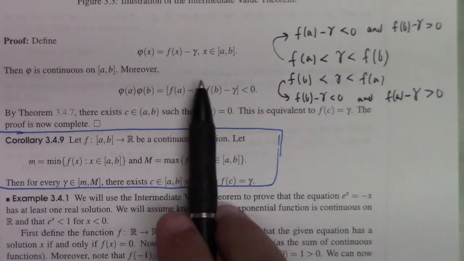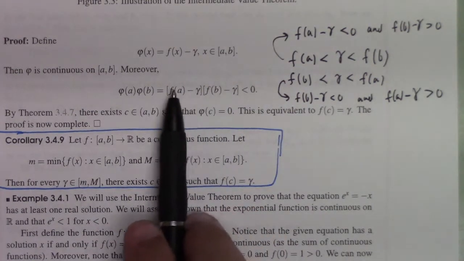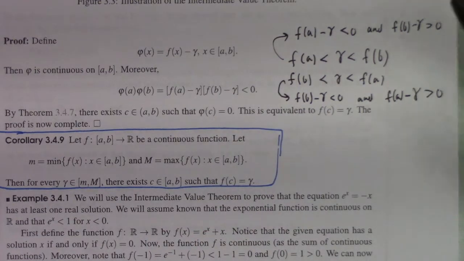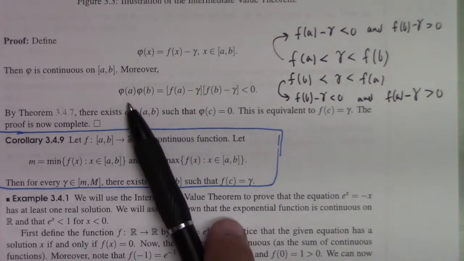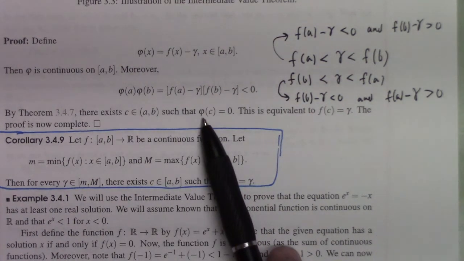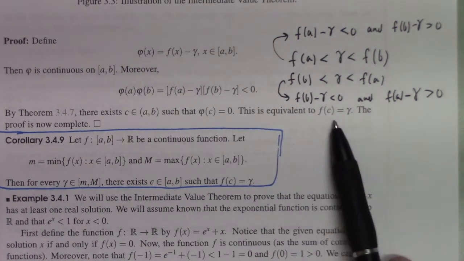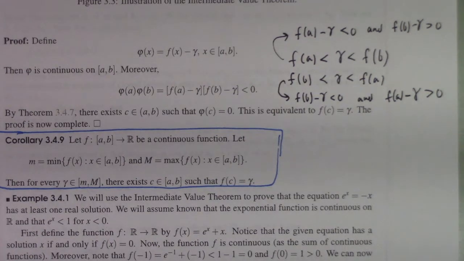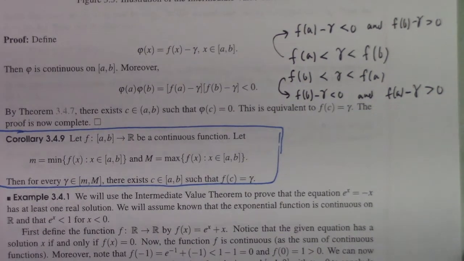So this is either plus minus or minus plus. In either case, it's negative. And so we can apply Bolzano's theorem to phi. So there exists a c such that phi of c equals 0, but that is equivalent to saying f of c is equal to gamma. And the proof is complete.